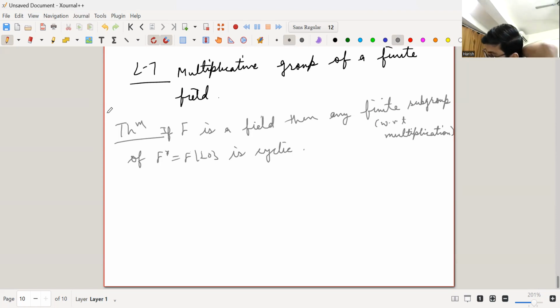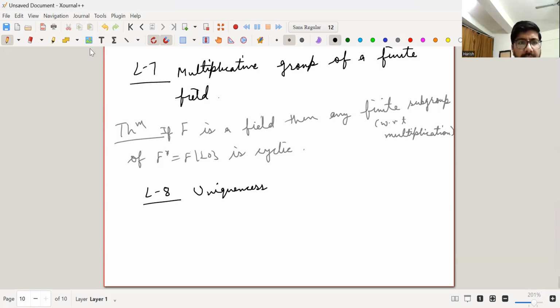Okay. Then that's the only thing I found important to be discussed in this lecture. So the next theorem is, as Vivek, I guess, asked about the uniqueness part some time before.